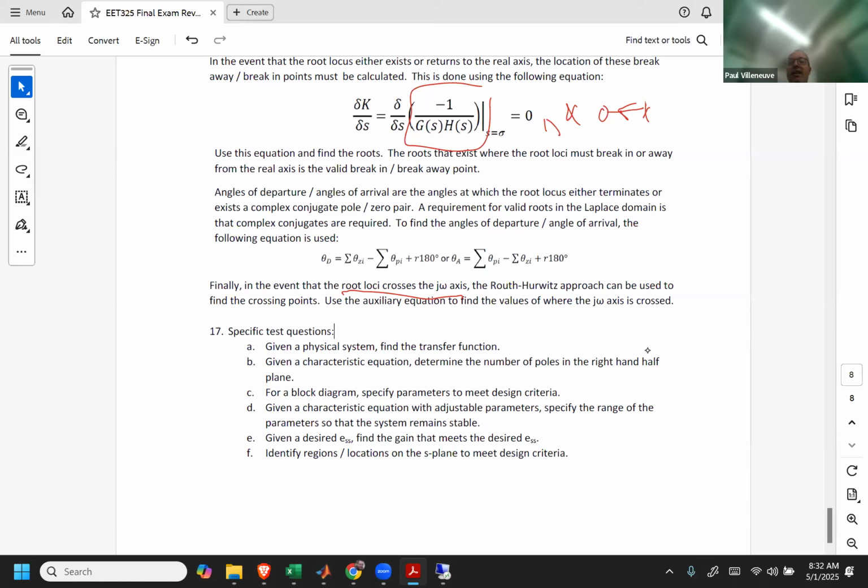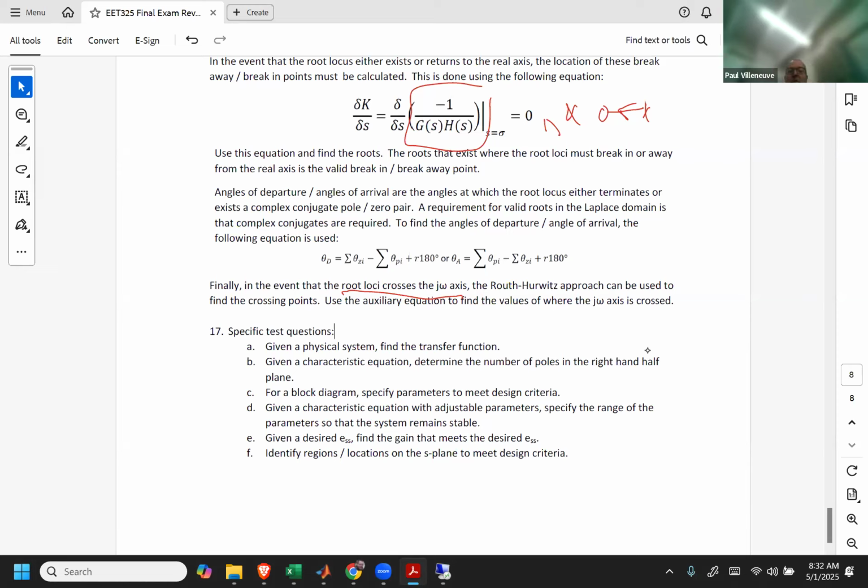So that tells me right away, I've got some variables in my block diagram that I'm going to need to solve for. Same thing with D, right? If I've given you a characteristic equation, so the first one, the block diagram one, means you've got to find the characteristic equation to do that, or find the open loop gain. In the second one, I'm giving you the characteristic equation and asking you to make sure that the system remains stable.